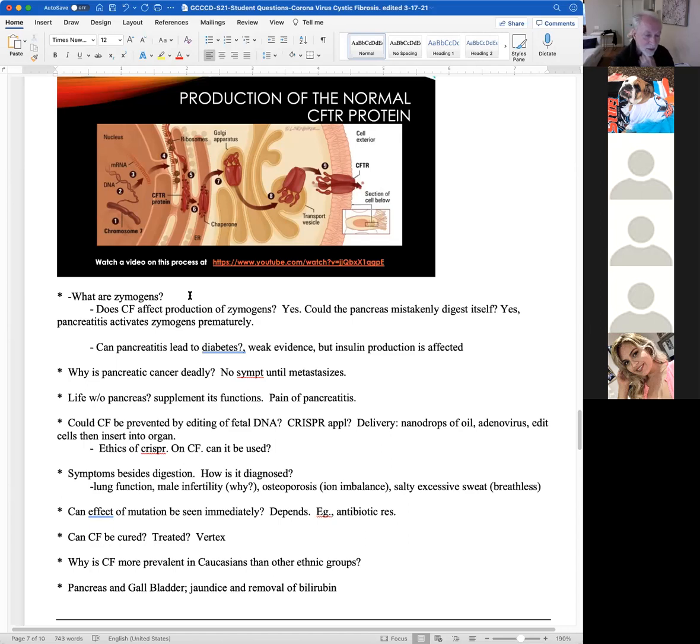So what are alternatives? Well, you can engineer wild type cells in a test tube and then try to get those cells into a living human. You could do that by putting them in nanodrops of oil, much like the vaccines that we're going to talk about soon.